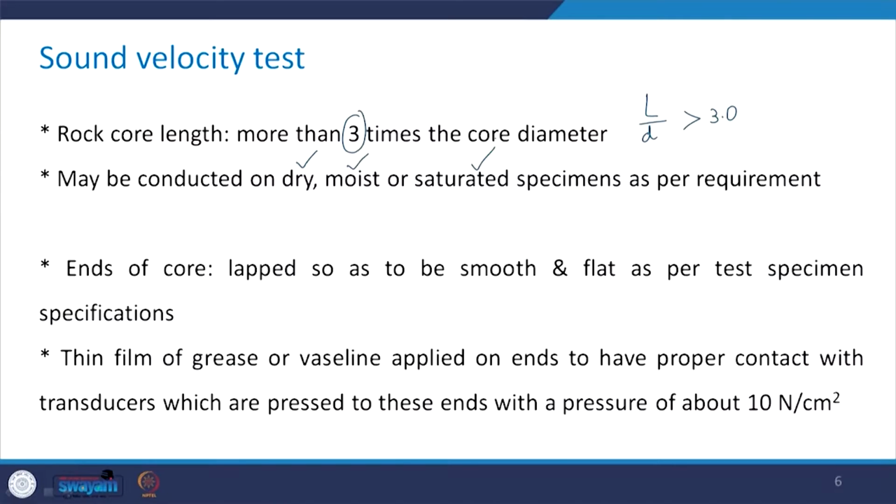Then, in order to have proper contact between the ends of the specimen and the transducers, a thin layer of grease or Vaseline is applied on the ends, and the transducers placed at the ends of the core are pressed with a pressure of about 10 Newton per centimeter square.